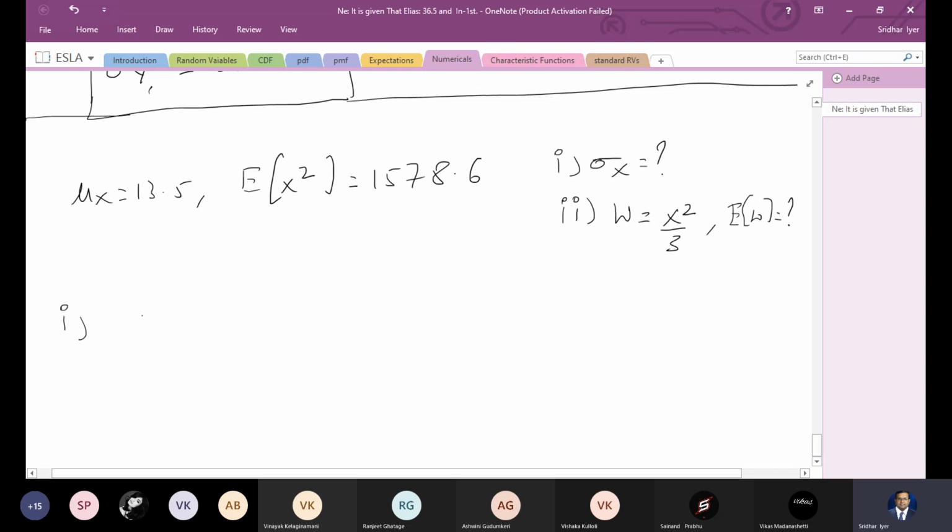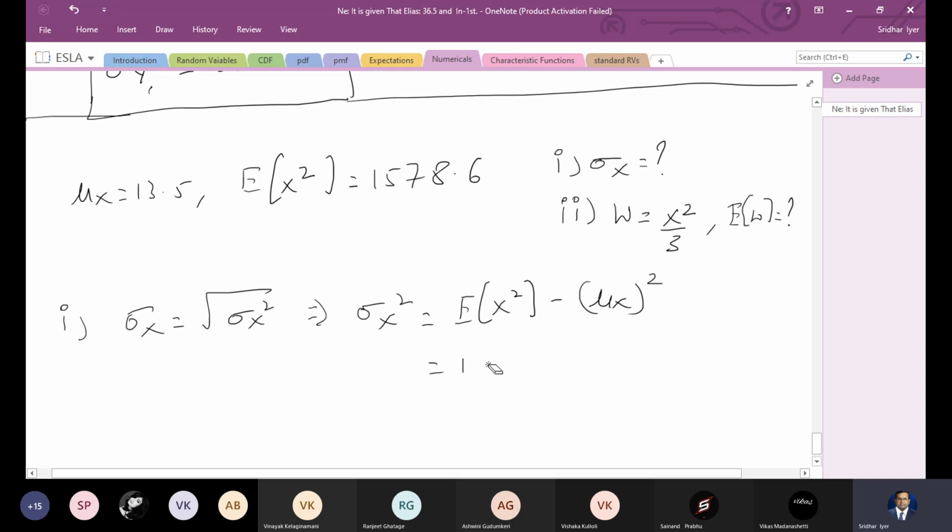So let us do the first part. We need to find sigma x, which is the square root of sigma x square. So we need to find the variance. For this, I'm going to use the equation that sigma x square is E of x square minus mu x the whole square. So you have E of x square, which is 1578.6 minus mu x the whole square, which is 13.5 the whole square.